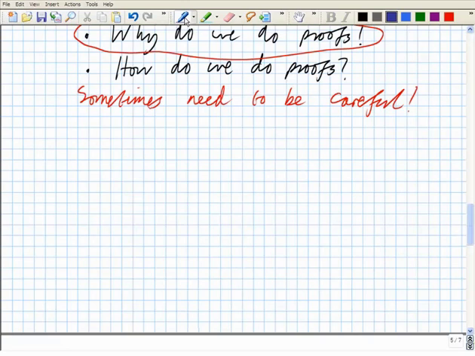I'll give you the following example to do with Taylor series.